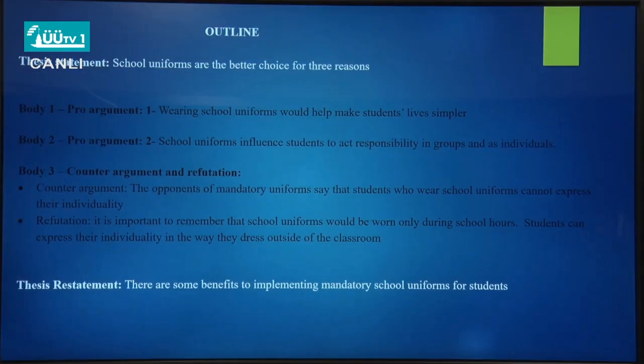Respectfully, critically. Refutation: it's important to remember that school uniforms will be worn only during school hours. Students can express their individuality in the way they dress outside of the classroom. We refute it, reject it respectfully. They can do it outside of a classroom. And look at our thesis restatement that you know. There are some benefits to implementing mandatory school uniforms for students.